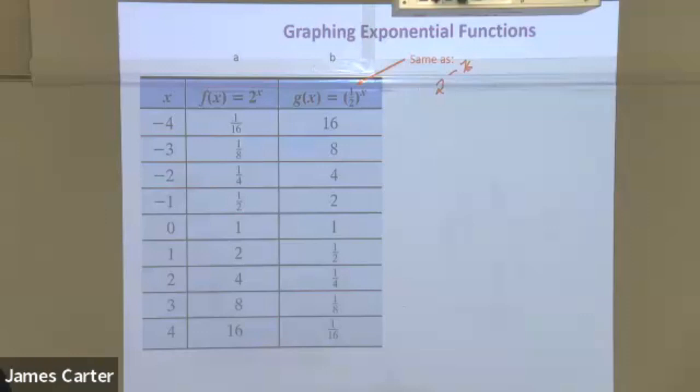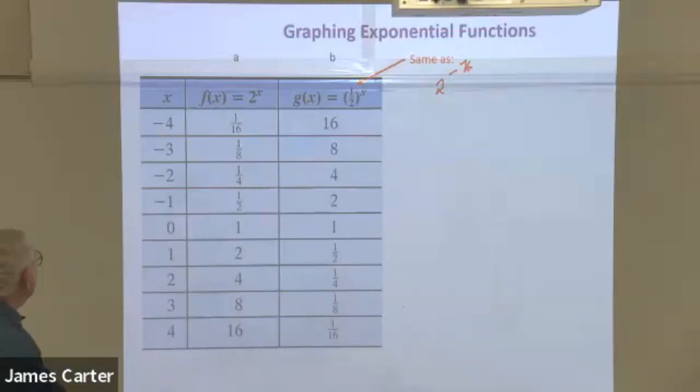Okay, this time we're doing 2 to the negative x power, or (1/2) to the x, because those two things are interchangeable. This one I think is easier to calculate with.